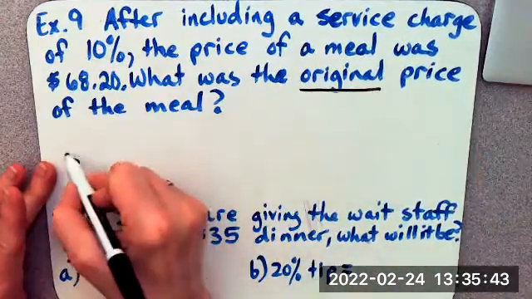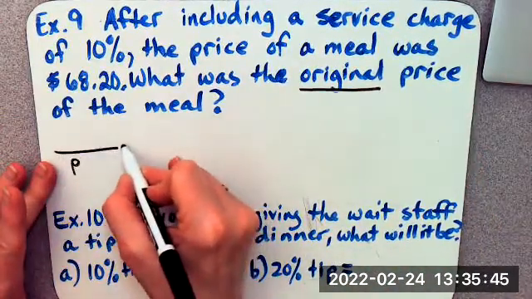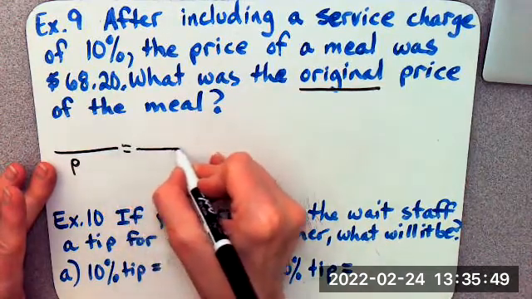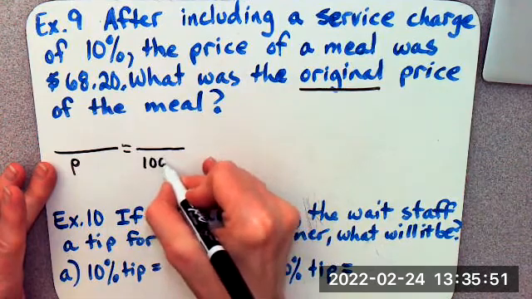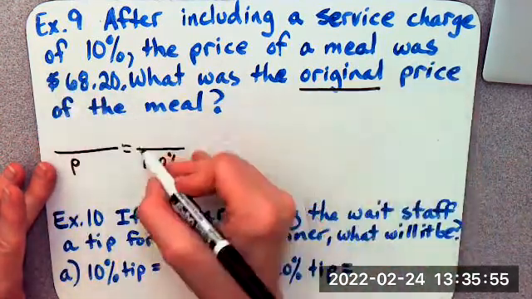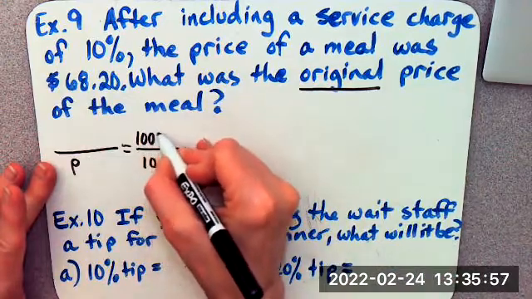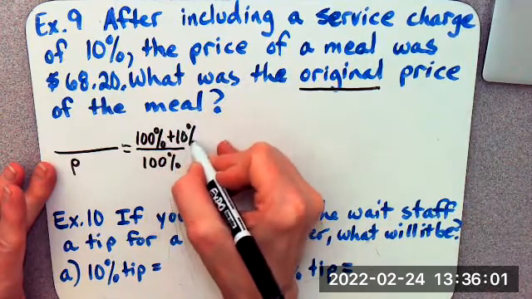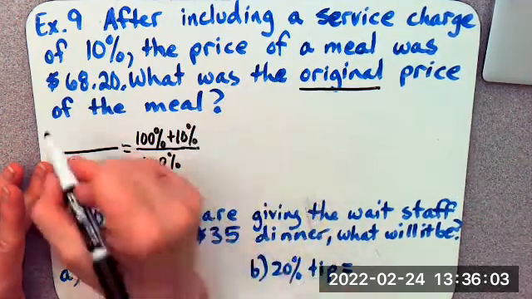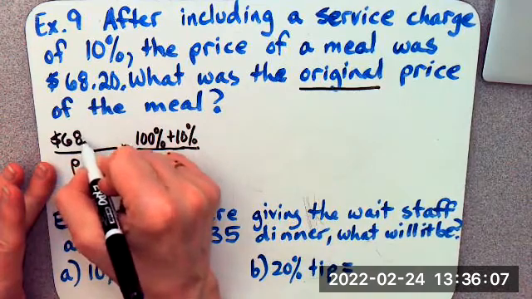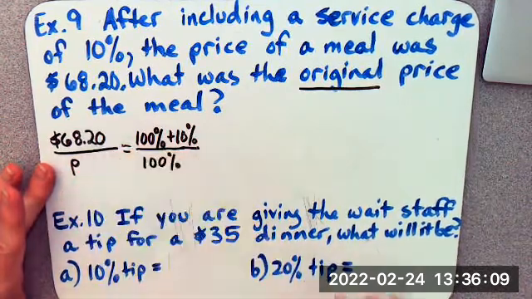So we know that the P is going to go down below and will be compared to 100% on this side. Okay, so we know that we added 10% service charge to the 100%. Okay, and after that, the price of the meal was $68.20.